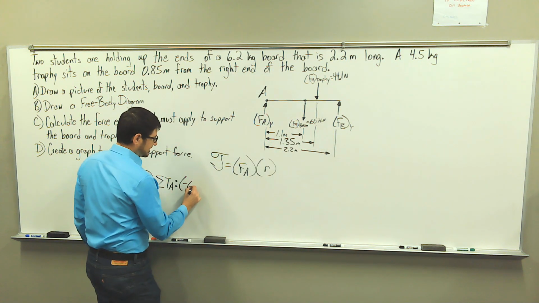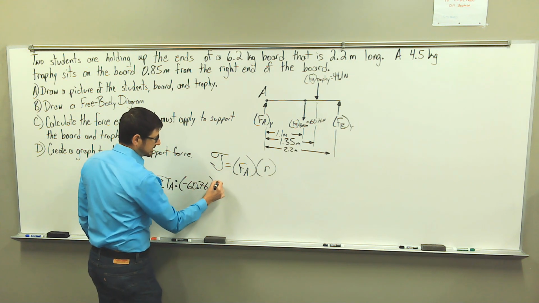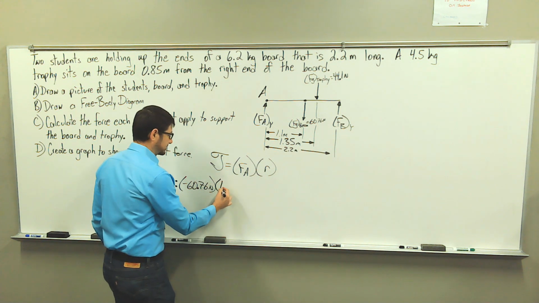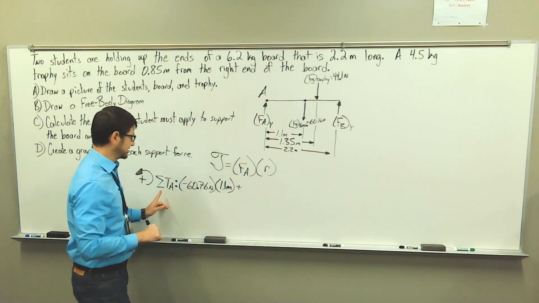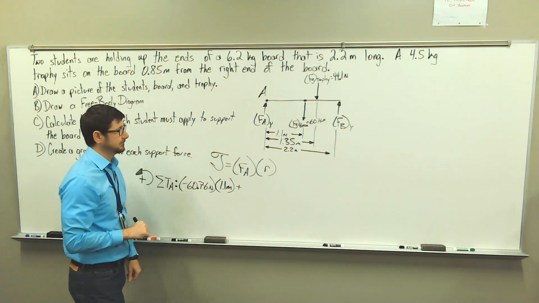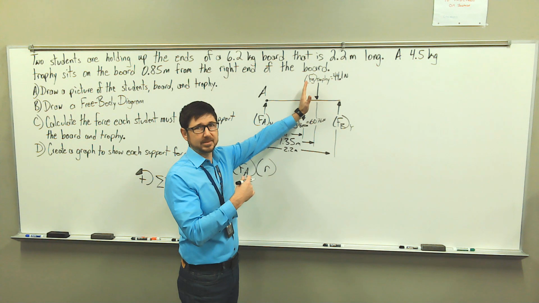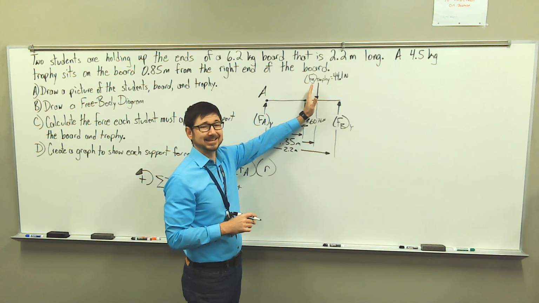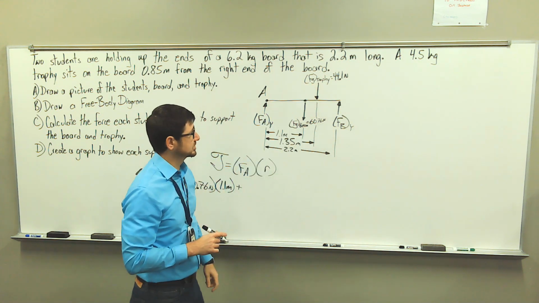So I've got negative 60.76 newtons times the lever arm, and our dimension is 1.1 meters, plus, remember we're summing the torques about point A. So we're at the position of 1.1. We've recorded that. We're going to move on. We're moving in a positive x direction. The next force we have applied to our beam is the weight force of the trophy.